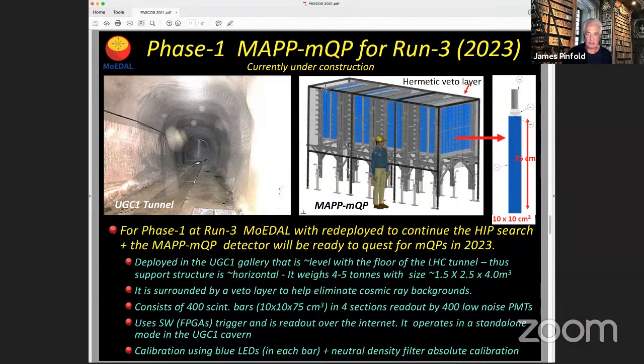The calibration is carried out by blue LEDs on each of the bars and throughout the detector, and a neutral density filter that helps us make a lepton, like a muon, that goes through quite normally from the intersection point, look like a milli-charged particle, so that we can do an absolute calibration.